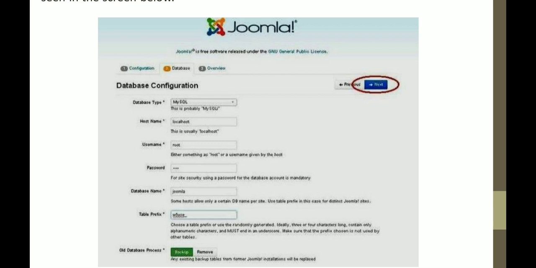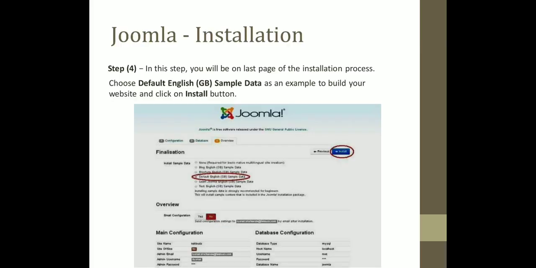The things marked with an asterisk denote compulsory fields that you need to enter into the form while installing Joomla.